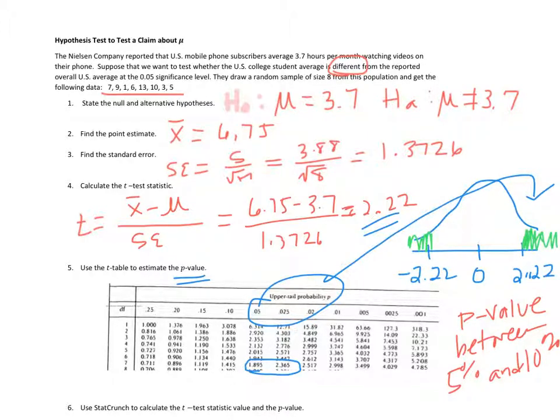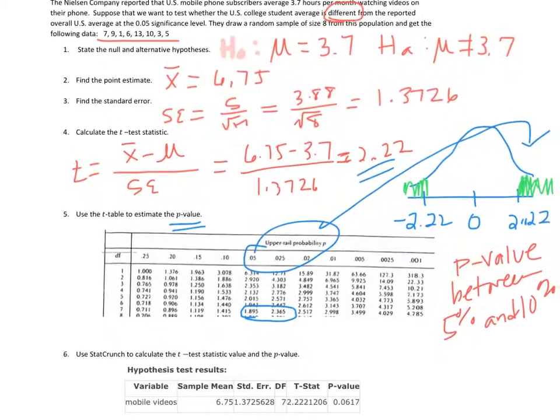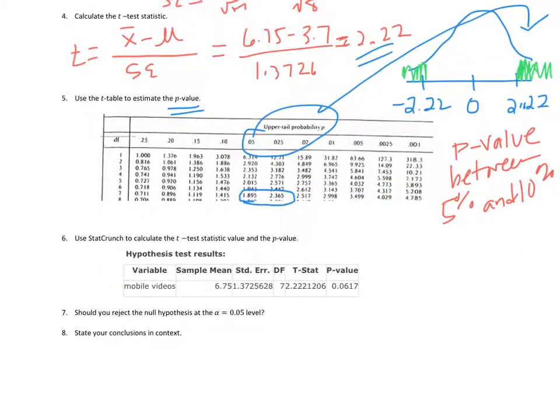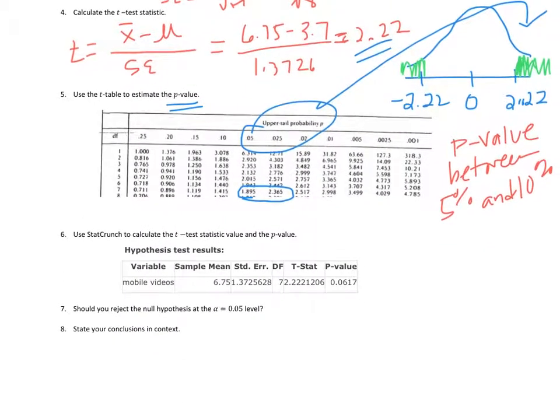We'll interpret that in a minute, but let's go ahead and see how to do this with StatCrunch before we do the interpretation. If you go into StatCrunch and click Stat, T-stats, one sample, and then with data, after, of course, entering the 8 data values into a column, if you run the hypothesis test, what you should get is this output.